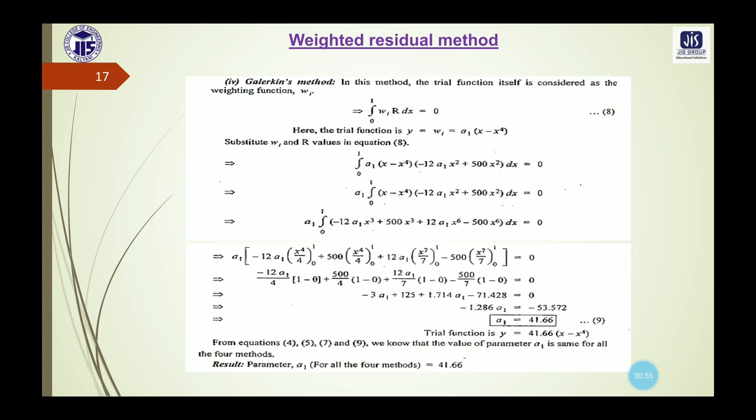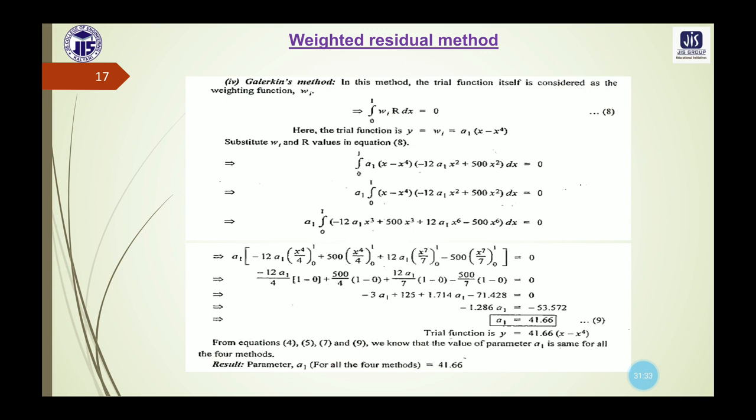So that means integration 0 to 1 of a1 into x minus x to the power 4 multiplied by the residual, that is minus 12 a1 x square plus 500 x square dx, equals 0. Now after several steps we need to do the integration and put the limit of the domain 0 to 1. Then we will get the value of a1 again as 41.66. So the trial function equation is y equals 41.66 into x minus x to the power 4.